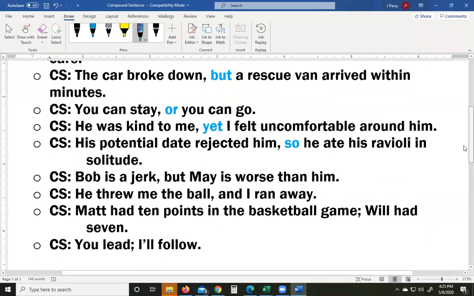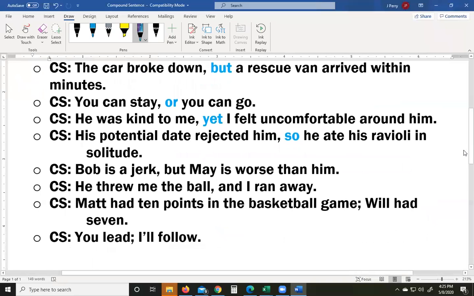And then the next one down here, he was kind to me, yet I felt uncomfortable around him. Now the definition of yet is pretty tricky as well. So that's why I reserved this one toward the end.